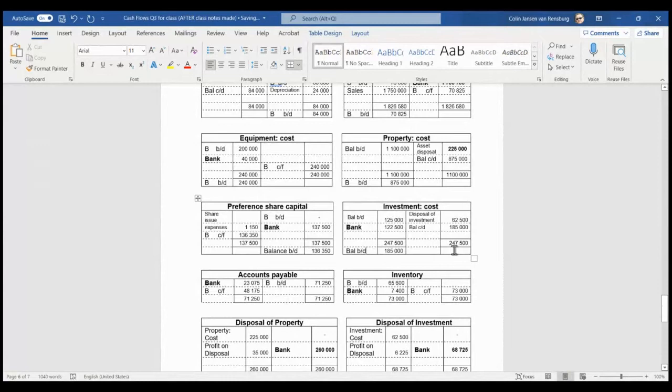And then, ladies and gentlemen, we've also got the disposal, the cost of the items that we've disposed of, and then we've got to find a balancing figure here. So then we see the larger side. Once we've taken the two opening balances into account, the opening balance at the beginning of this year, the opening balance at the beginning of next year, where does it come from?